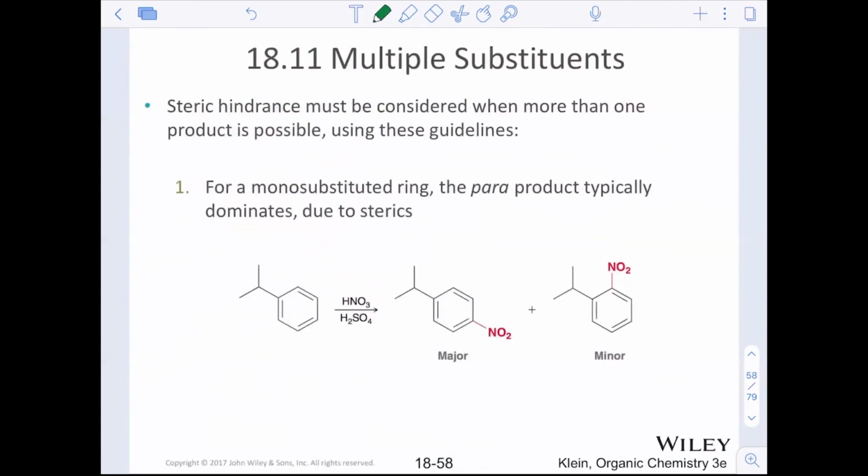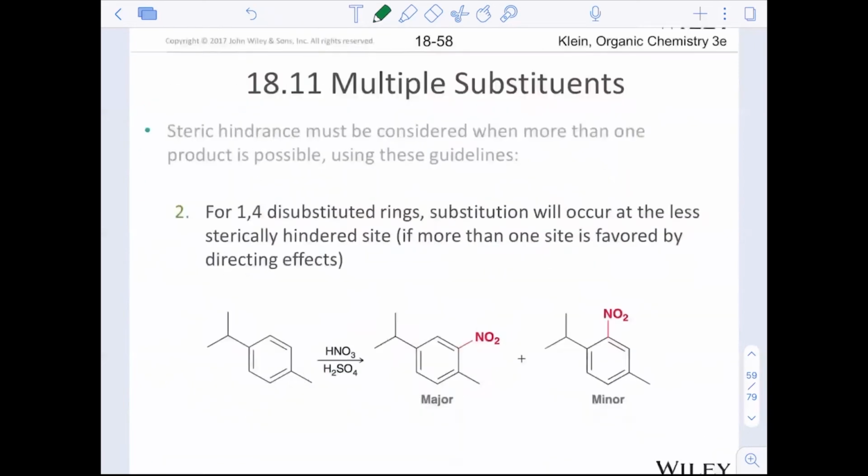Now, steric hindrance must be considered when more than one product is possible, okay? So typically the para position dominates due to steric hindrance. The only time it really didn't was when we had toluene reacting, but typically for all of our other mono-substituted rings, the para position will be dominant.